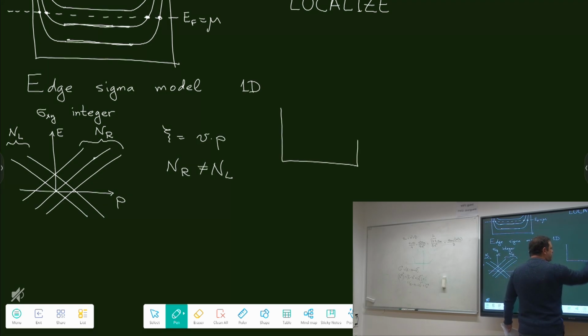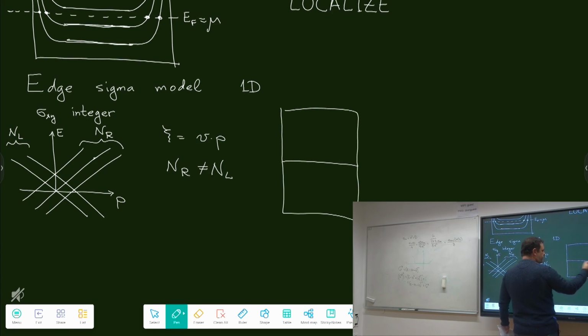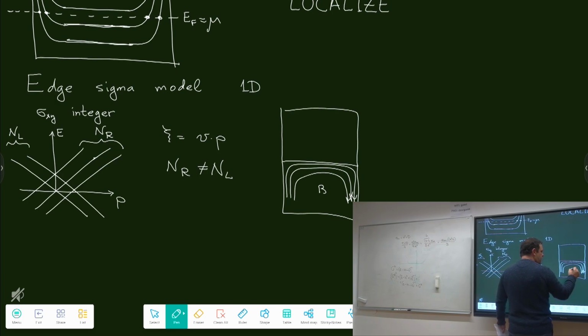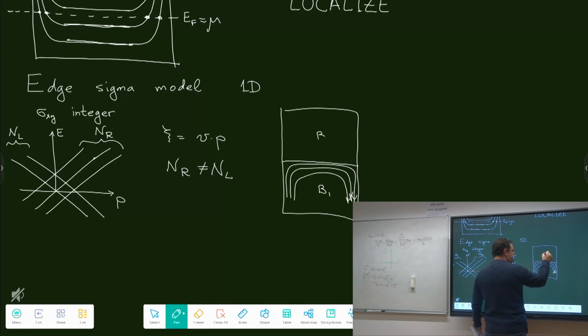We have two samples, and we have, for example, 3 edge modes going inside this sample, B1, and here we have some other magnetic field B2, which makes only 2 edge modes, and they propagate like this.